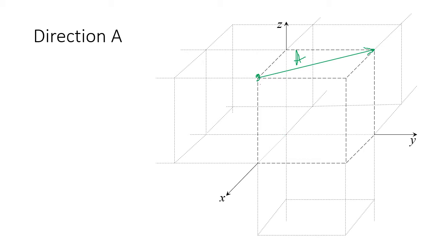So if we translate the direction such that the tail of the direction lies at the origin, then its tip will lie at that corner. And hence, after translating the direction A such that its tail lies at the origin, the direction A looks like this. Okay, so this is the translated direction A.